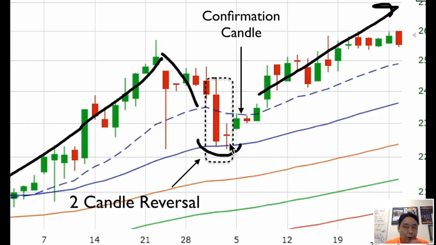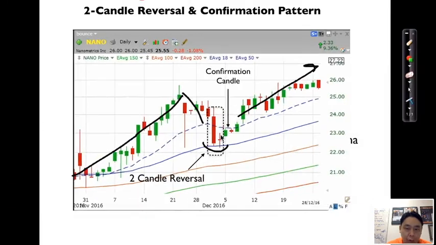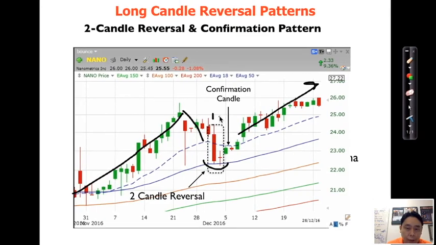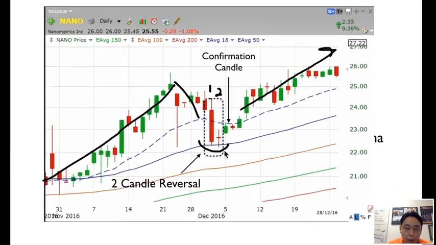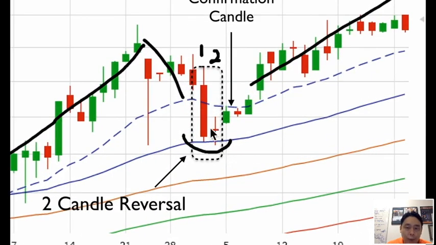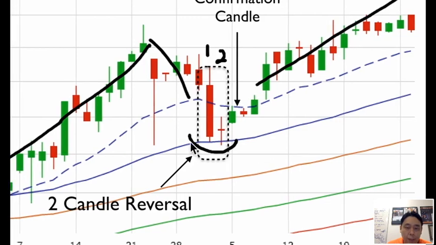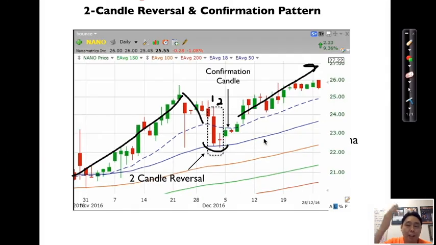All right. So what are the criteria? Again, criteria one, this is the reversal candle, and that is the candle before the reversal candle. So this is candle one, that's candle two. So what are the criteria? The body of the candle must be above the moving average that is bouncing off. Check.